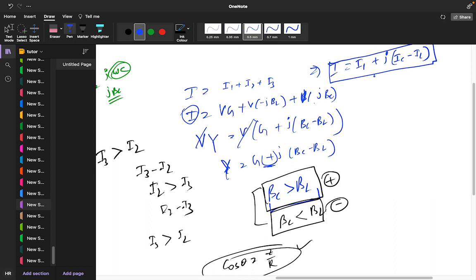You have to remember this part. IC minus IL is what happens if you are writing a plus sign here.